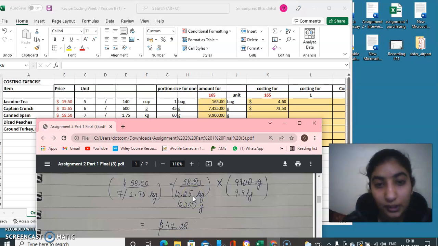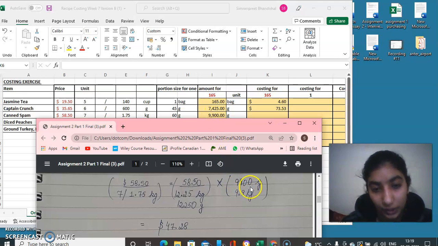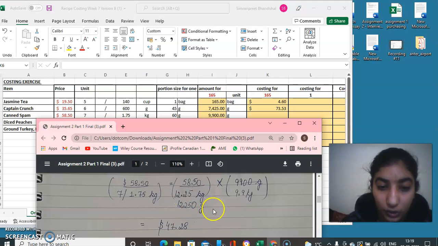We need to convert either kilograms to grams or grams to kilograms, but the easier way is to convert kilograms to grams because the amount for 165 is in grams. Then we'll multiply it by the amount for 165, that's 9,900. To convert kilograms to grams, we need to multiply by 1000. That gives us 12,250.